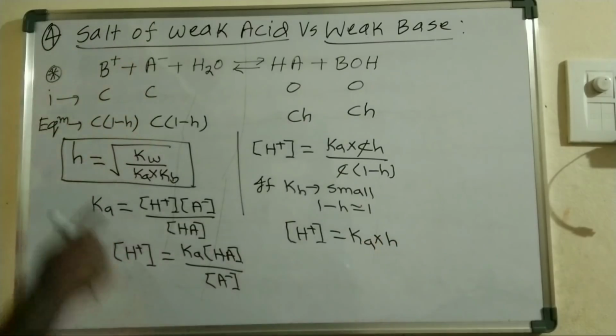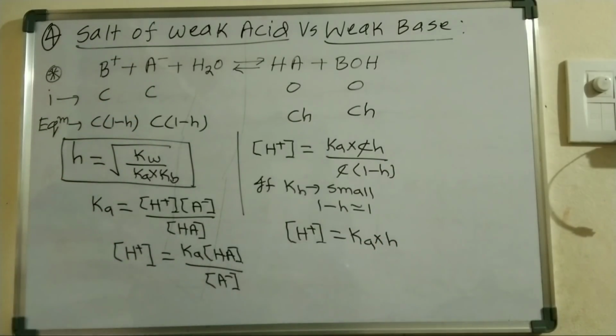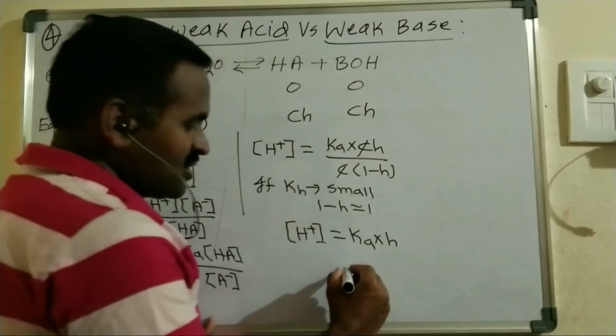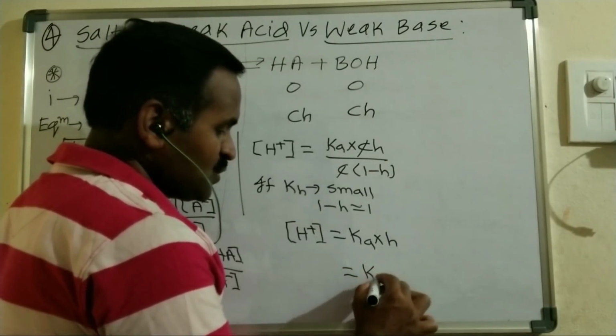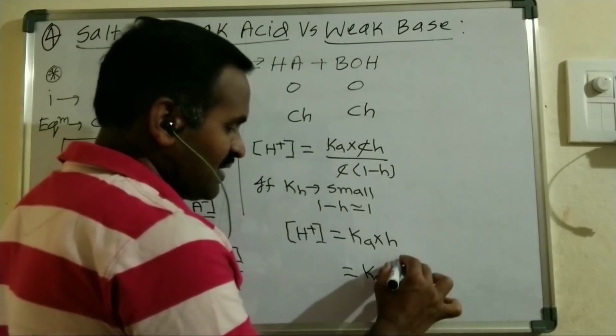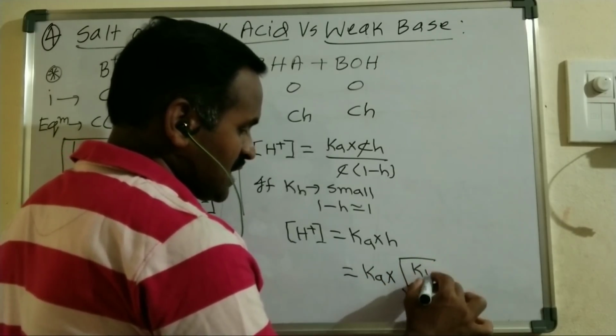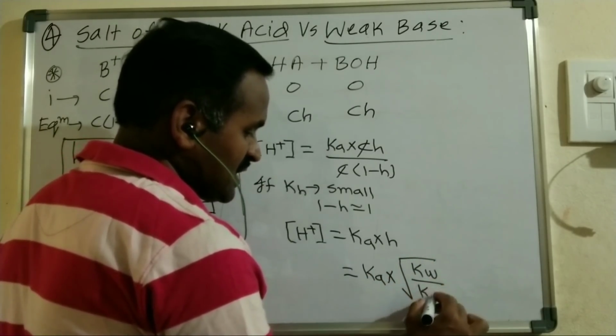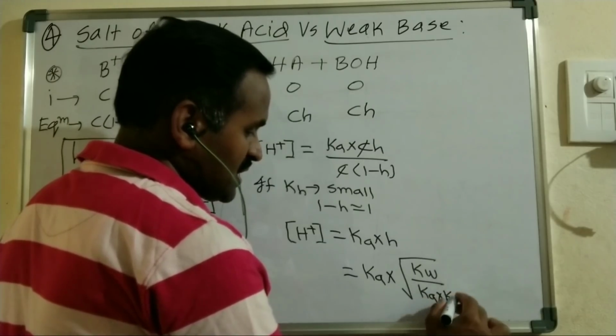As we all know, h is nothing but square root of Kw by Ka into Kb. Okay, so I can write Ka into the square root of Kw by Ka into Kb.